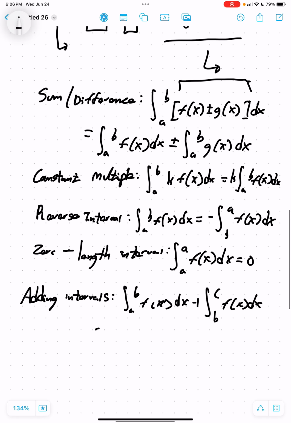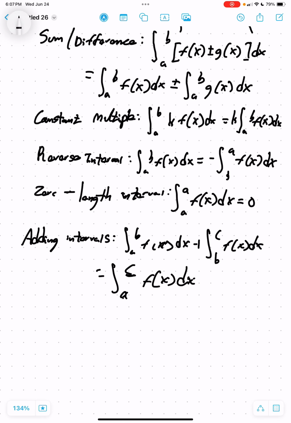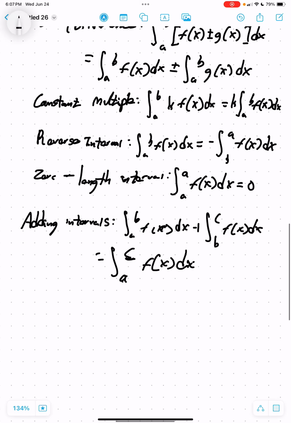Well, that's actually just going to equal the integral from a to c of f of x dx. So if I'm going from a to b and then b to c, that's actually just the same thing as going from a to c, because I'm integrating within that b, so the b's can just eliminate.